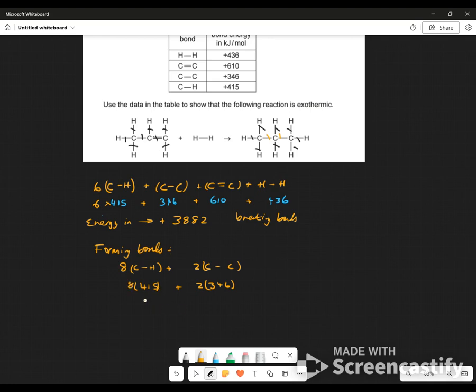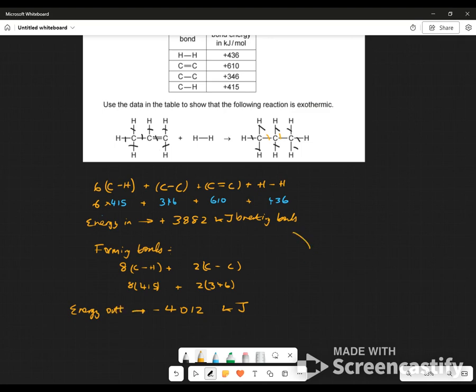Let's see. 8 times 415 equals that, plus 2 times 346. I get 4012. These are kilojoules, by the way. That's the energy that I get out. Now, out energy is exothermic, so we're going to put that as a minus. And this is the energy out.